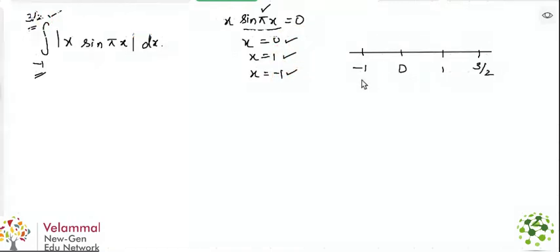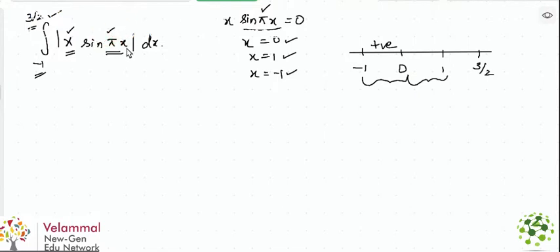Okay, now when I consider minus 1 to 0, what happens? Any negative number you substitute for x, it is negative, and sine of minus theta is negative. So the net answer will be positive. When you substitute any value from 0 to 1, x is positive, and sine pi x is in the first or second quadrant.